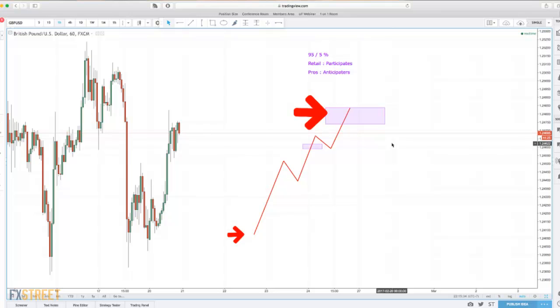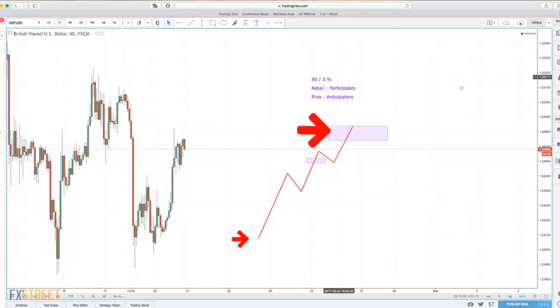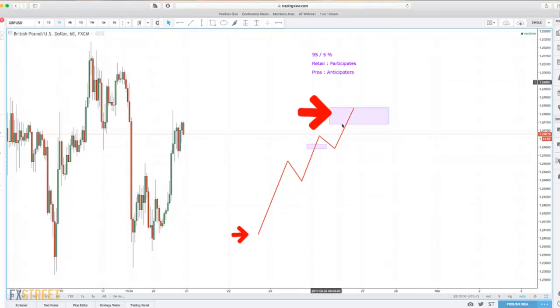So if it's a 95-5 concept and you're keeping track of, am I an anticipator or am I a participator? Am I joining the market once it's too obvious? Okay, so the goal for today's lesson is going to be don't be Mr. Obvious. Okay, buy the phone when it's at a discount.